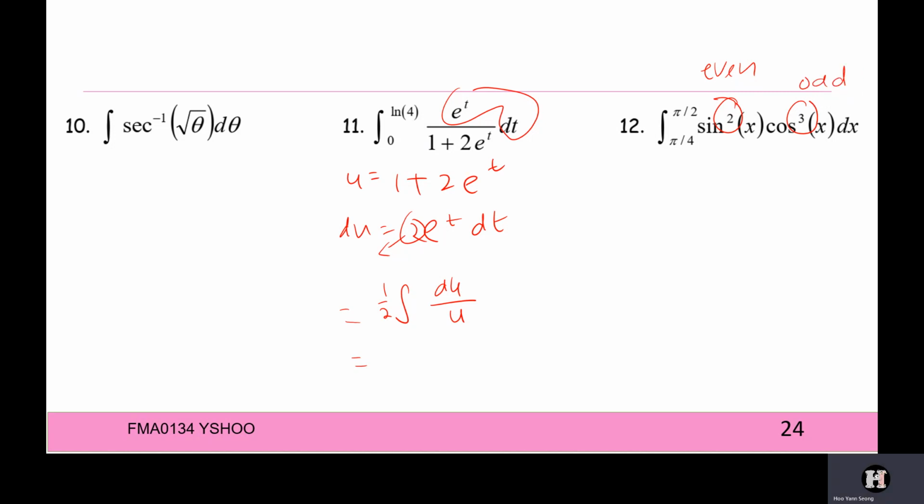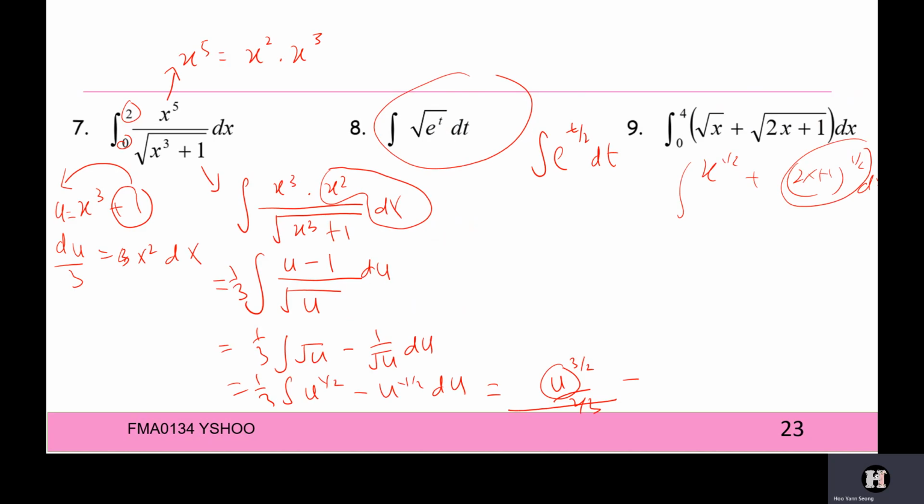So whenever you see the cos is odd, sorry, I think I need to check back. Okay, so whenever you see which one is odd, you will choose the other one as u.